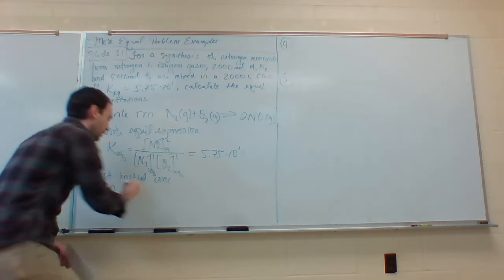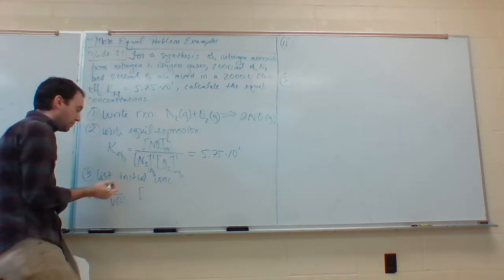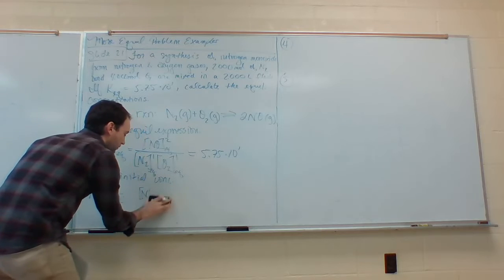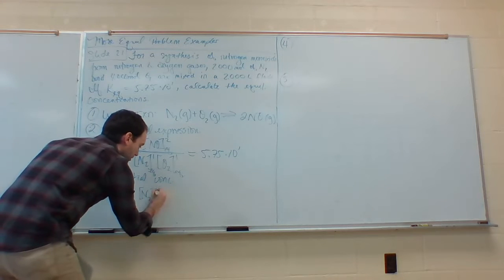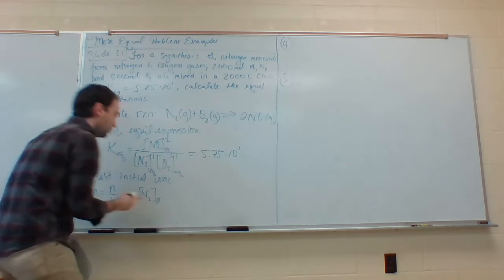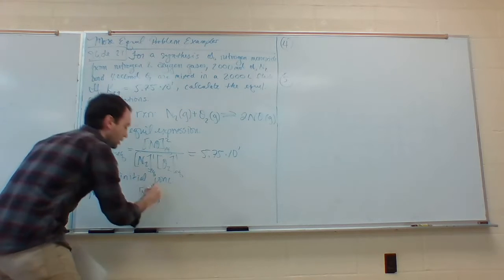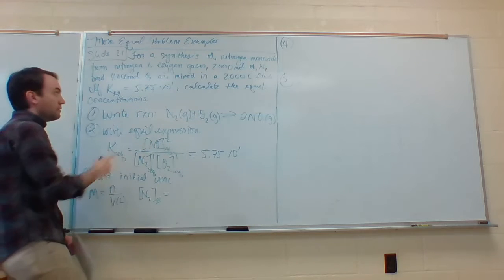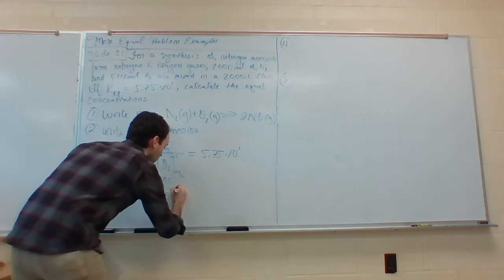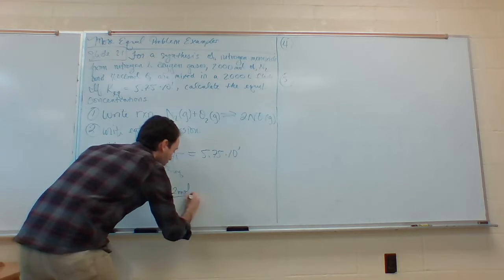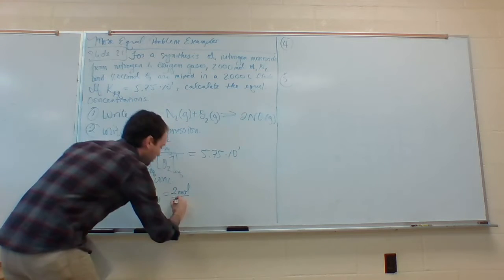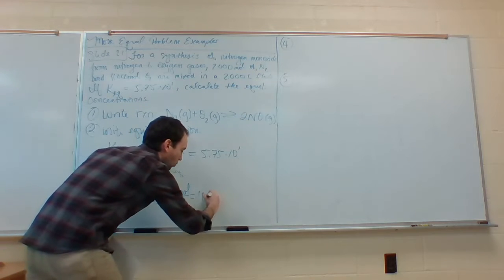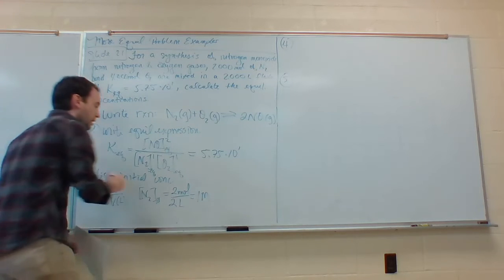So if I wanted the molarity of nitrogen, N2 gas, initially, because those are my initial concentrations, then my concentration of N2 initially is going to be my moles of N2, so 2 moles for every 2 liters, because we put it in a 2-liter container, which means that my concentration is 1 molar.